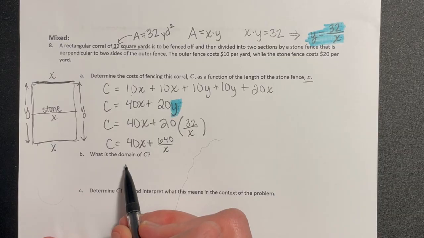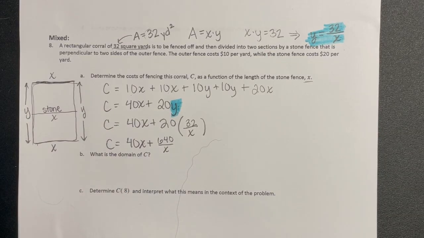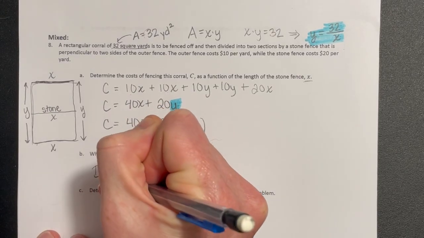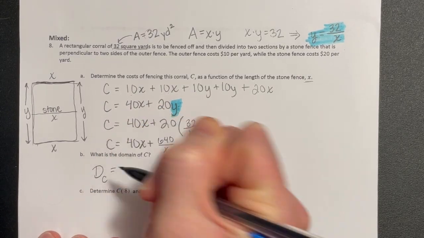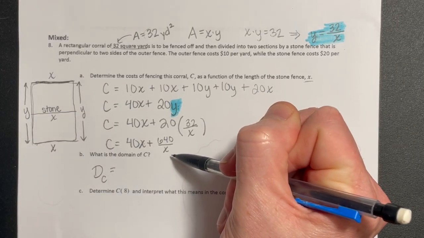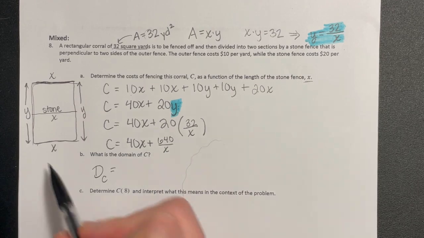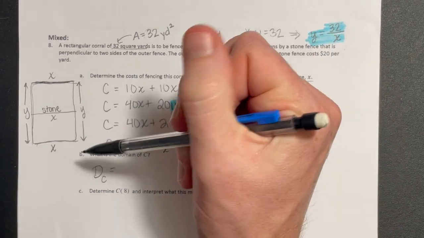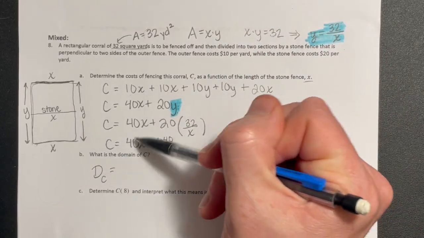This function has a domain, and so when we think about the domain of this function, we have a rational component that x can't be 0, which makes sense because this x can't be 0 anyway, and a linear component here.